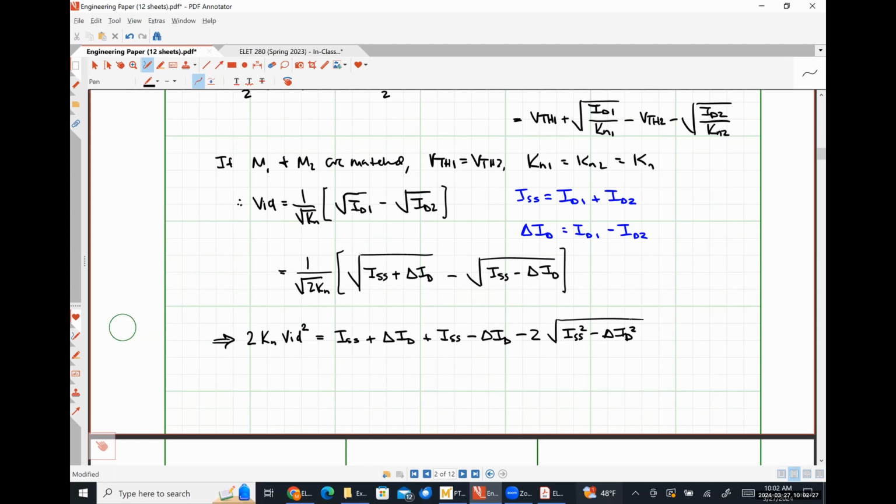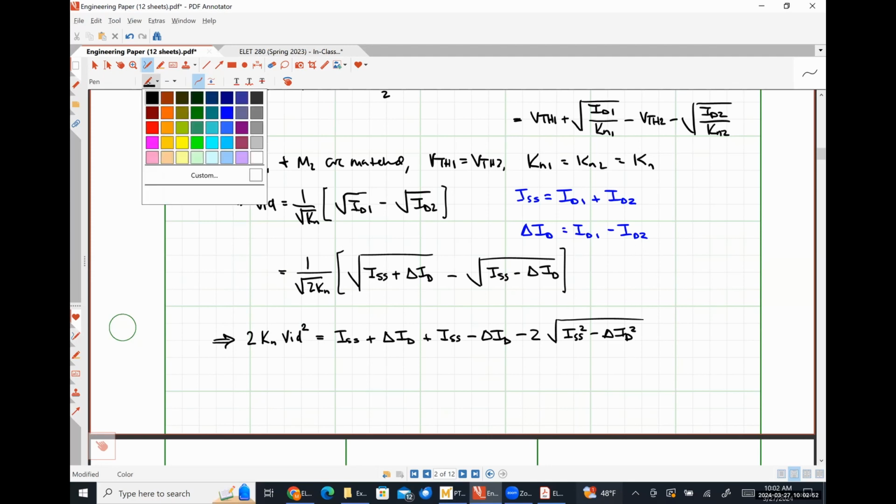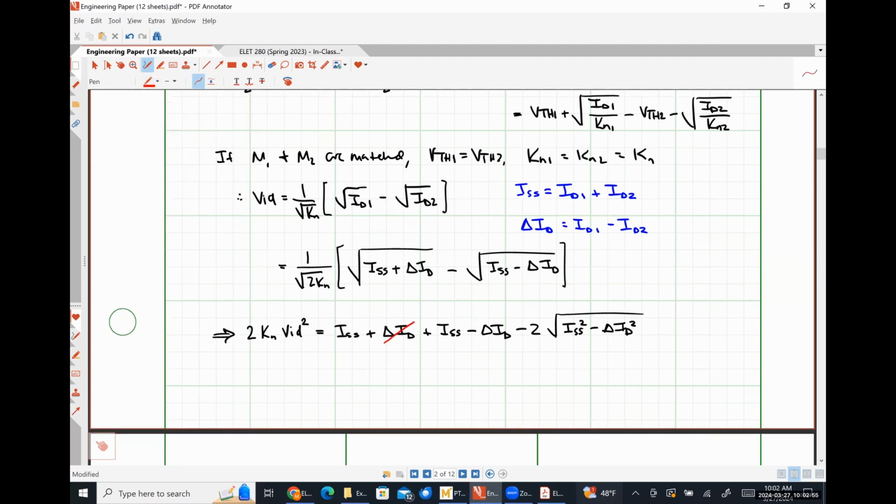Are we okay with that? So the delta IDs wind up canceling each other out. We've got a common factor of 2 on both sides. So let me write this thing out like this. So this delta ID right here cancels out this minus delta ID right here. We've got ISS plus ISS. That's going to look like twice ISS.